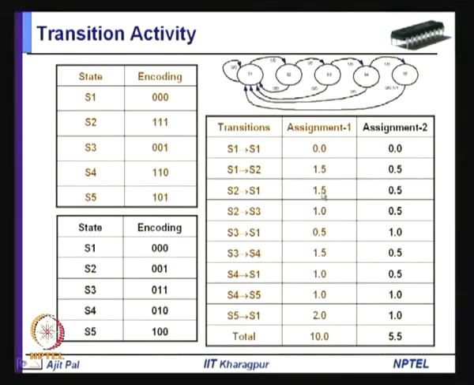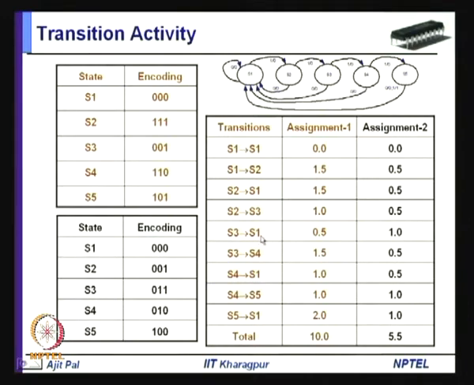So, for assignment 1, 0.5 into 3 is 1.5, and here it is 1 into 0.5, 0.5. And similarly, from S2 to S3, here the number of transitions is 2. So, 2 into 0.5 is equal to 1, and in this case S2 to S3, number of transition is only 1, 0 to 1, other bits do not change, and so it is 0.5.